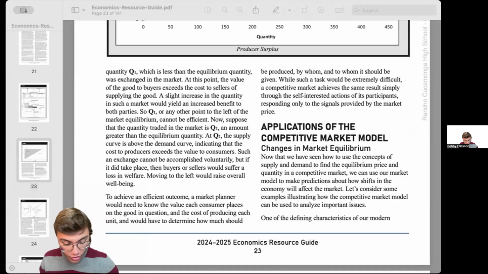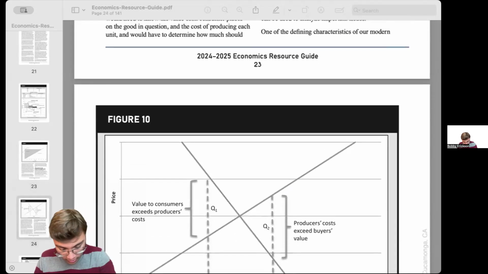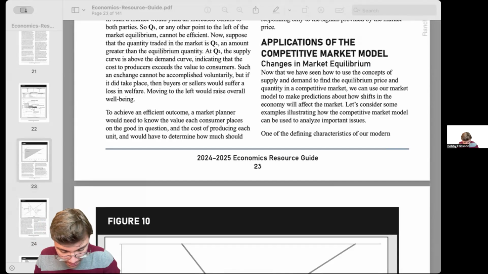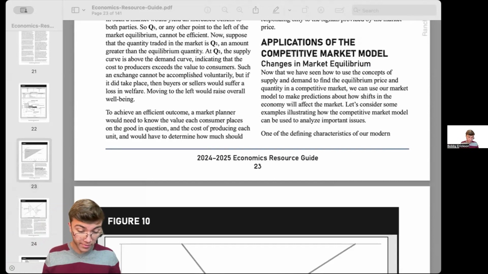Then at Q2, so remember what we saw here, Q2 at a point beyond the quantity at equilibrium. Then what we have here is an amount greater than the equilibrium quantity.